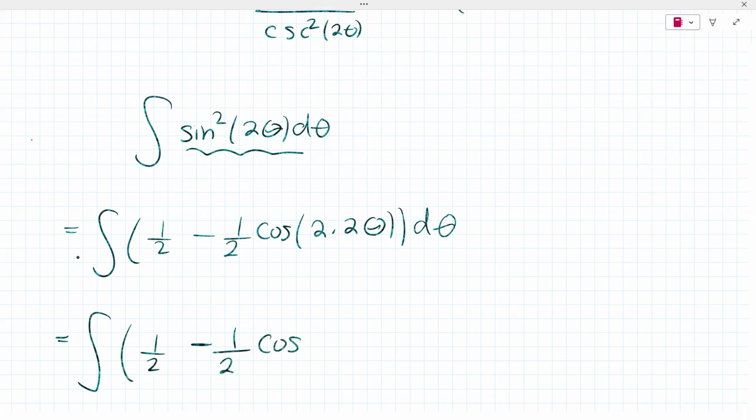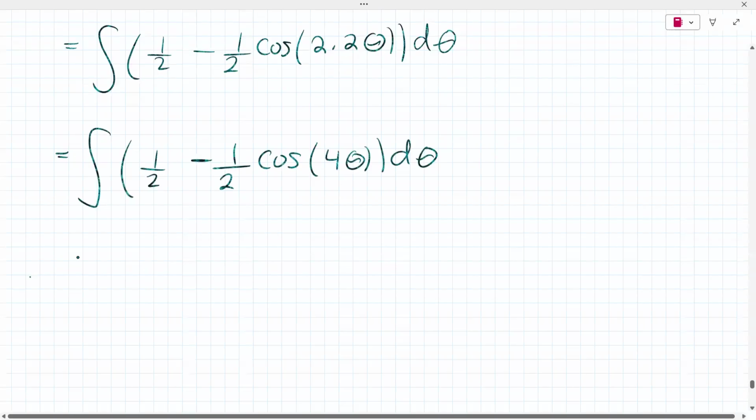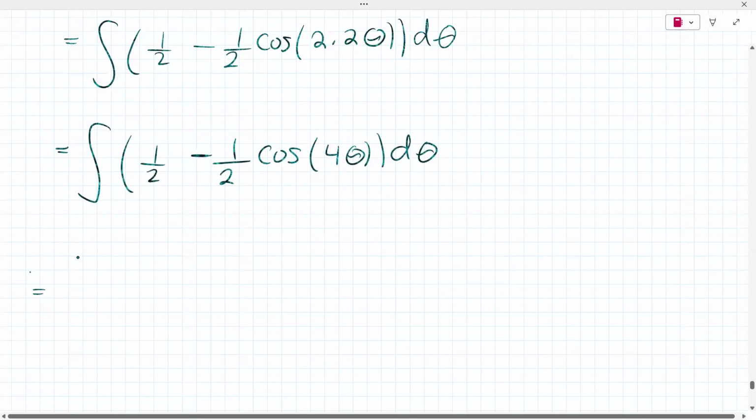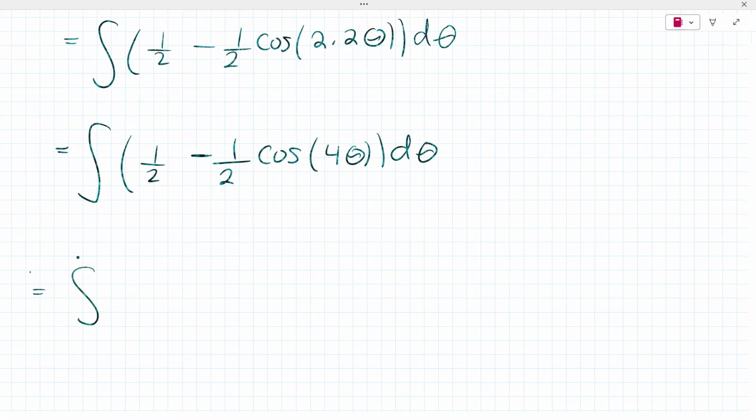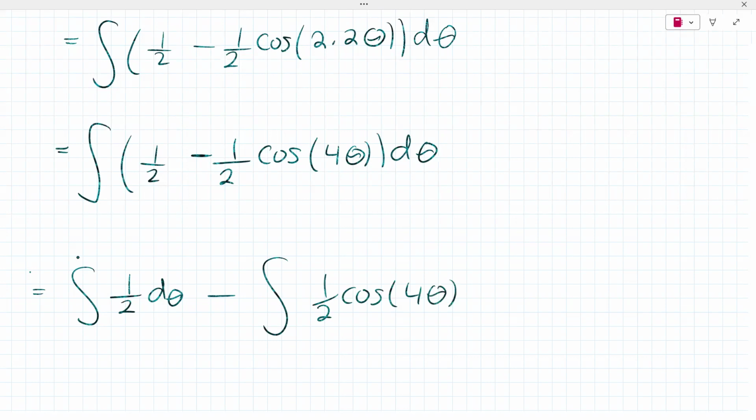Our a is 2, so it's 2 times a, which is 4 theta. And then we can start taking the integration of each term. So you can separate into 2 different integrations: 1/2 d theta minus 1/2 cosine 4 theta d theta.